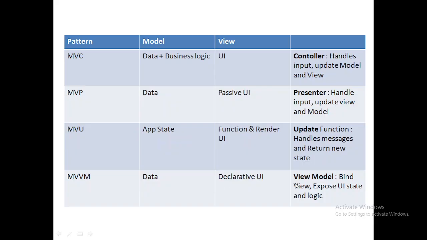And VM is the view model, which is an intermediary between the view and model. It interacts with both the view and model, but not directly with the view. Through binding it will update the view. Here I have given that the view model is binding the views and exposing the view state and logic.